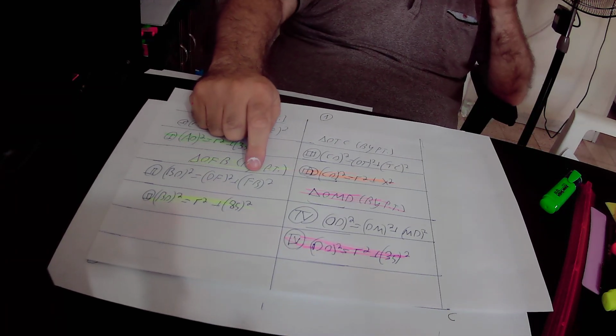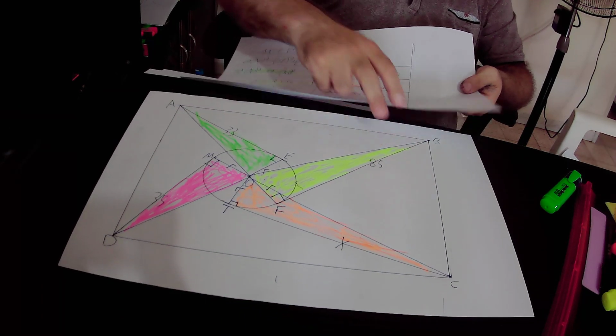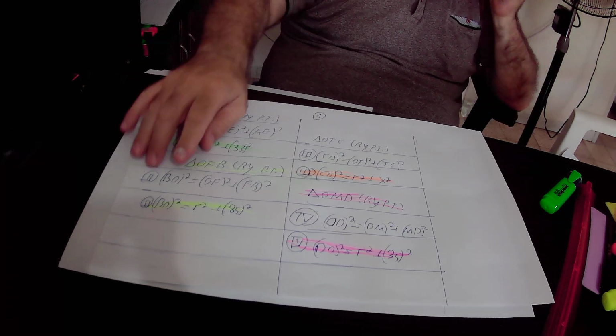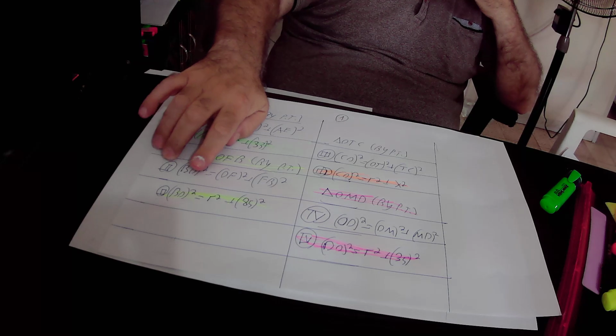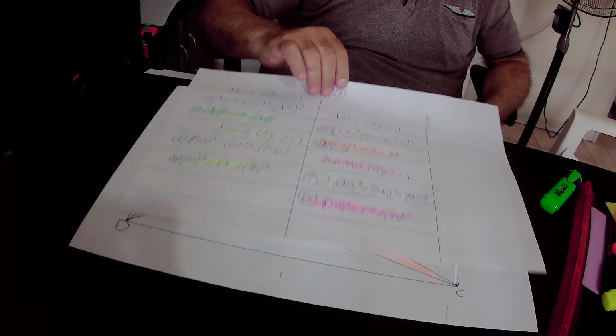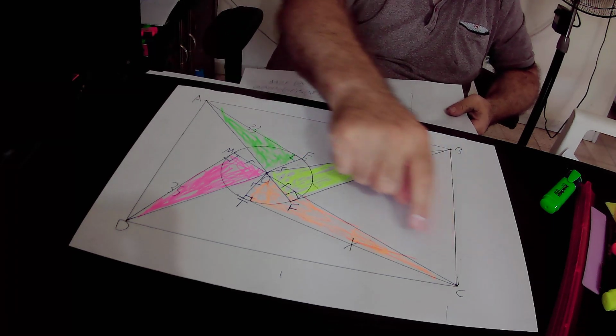FB equals 85 according to what is given, therefore FB square is 85 square. So in conclusion, according to equation number 2, BO square equals R square plus 85 square.